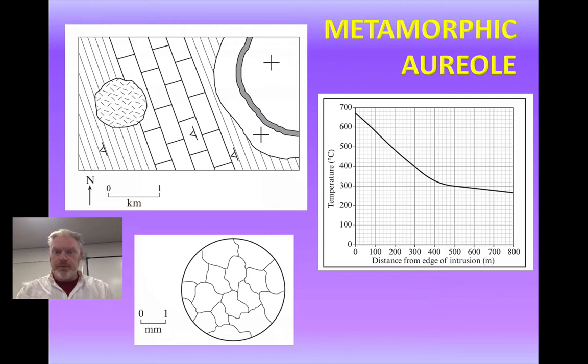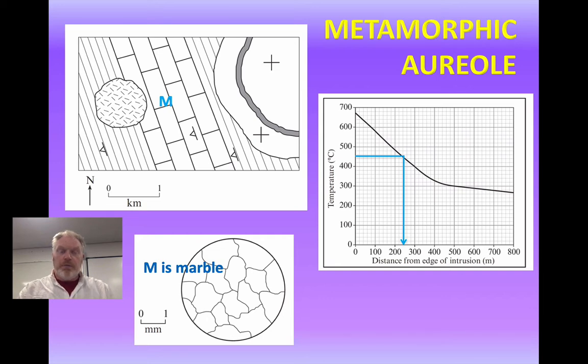If we know it formed at 450 degrees, we can take a line on the graph from 450 degrees across to our temperature line there, drop it down to the bottom, and we get a distance of about 225 to 250 meters. We can then mark on M about that distance away from the edge of the granite, or the Pluton, sorry.